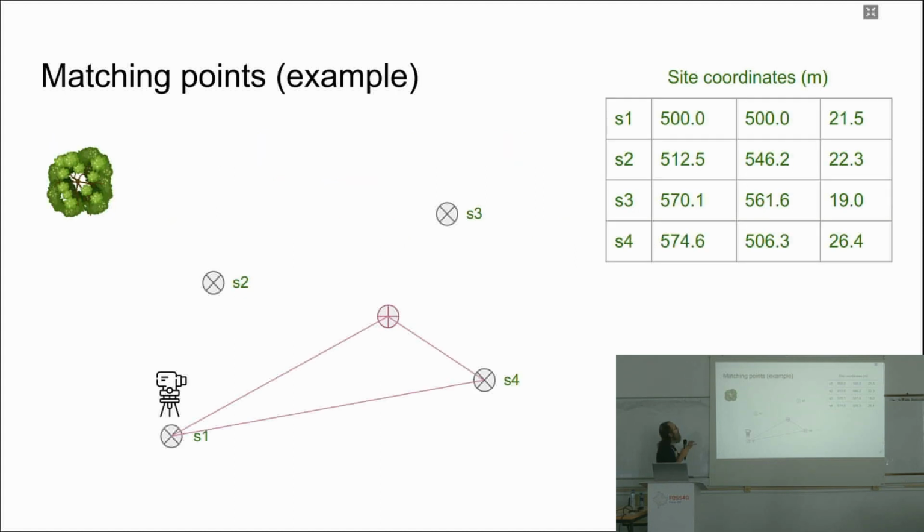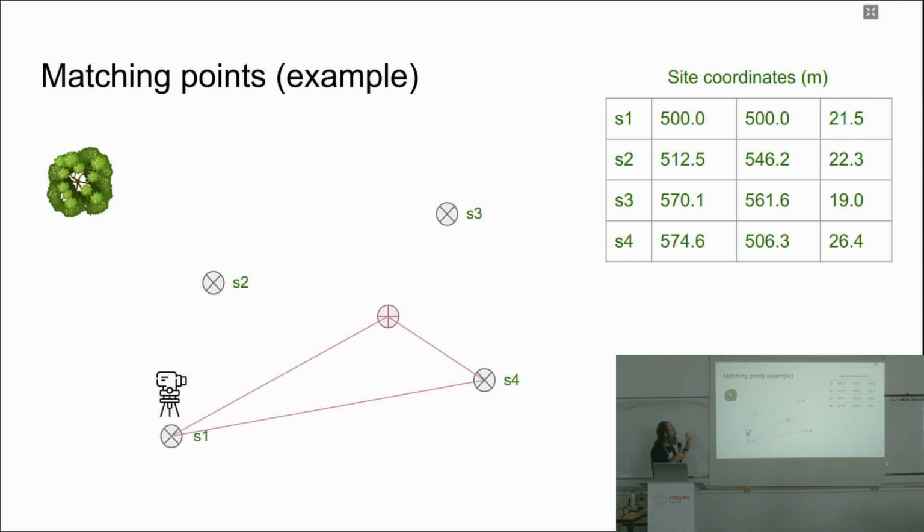Okay, so here we are going to see an example of how things are done and how we match points. In a local coordinate reference system, you need some reference points in your field. So probably a surveyor went there and marked some points. In the example, there are 4, S1, S2, S3, S4, with known coordinates. As you see, S1 has 500, 500.